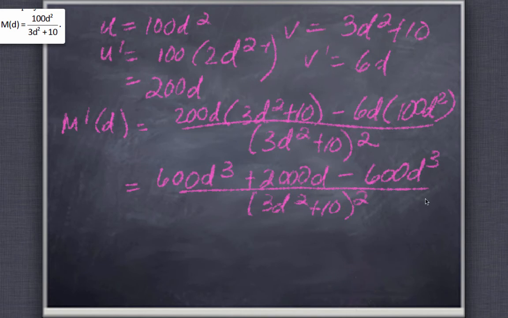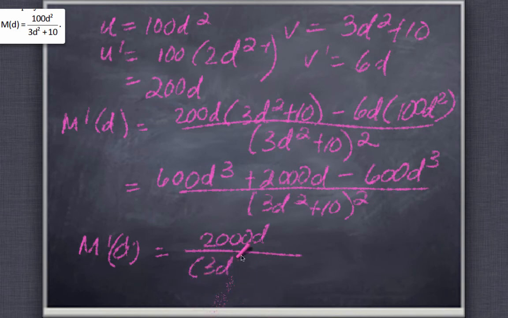So these 600d cubes go away, and m prime of d equals 2000d over 3d squared plus 10 squared.